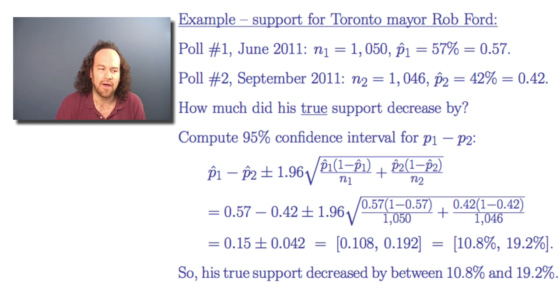And when you work it all out, it says that we can be 95% confident that the true amount of support drop that the mayor experienced between these two polling times was between about 10.8% and about 19.2%. So that's our conclusion. We say, yes, his support seems to have dropped by something in this range.